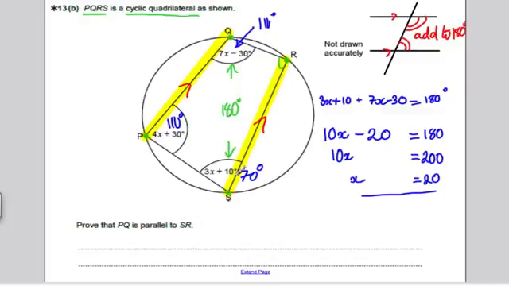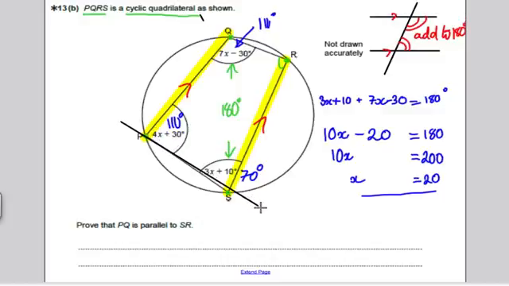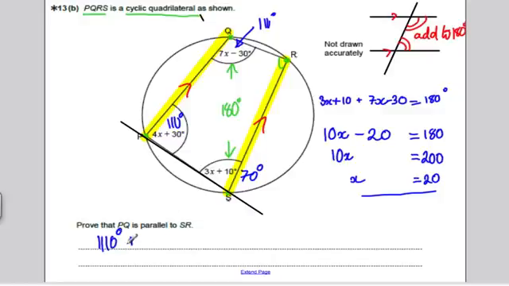Well look, if that one and that one were parallel, these two angles must add to 180. If they don't, they can't be interior angles and they can't be parallel lines. Now look, this we said was 110 plus the 70, and that adds to 180.